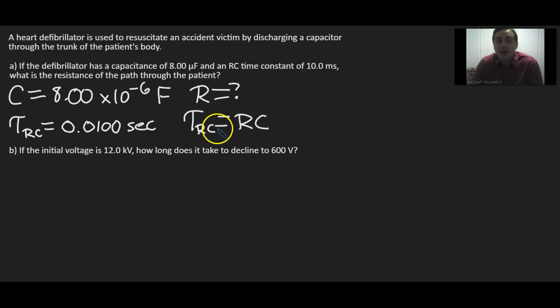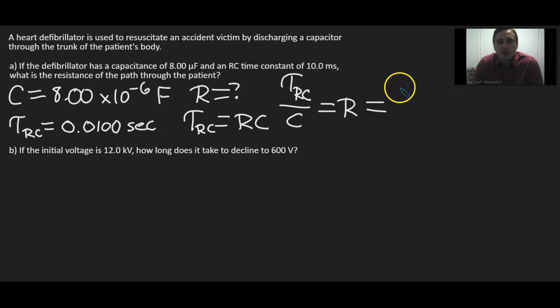Ohms times farads actually gives seconds, amazingly. So we should be able to get the resistance by division. So the RC time constant, or the E-folding time, divided by the capacitance should be the resistance. So let's put the numbers in.